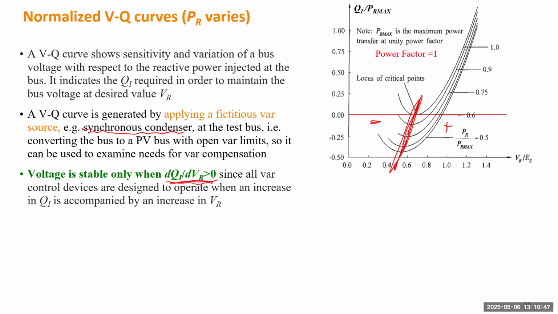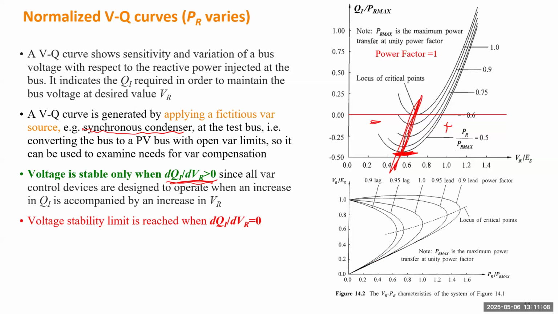When you draw the VQ curve for the condition you operate the system around the injection QI, if this derivative becomes positive, the system will be stable. If it becomes zero, which indicates the bottom point, we have a zero slope, and the system will be at the stability limit. If it's negative, the system will be unstable.